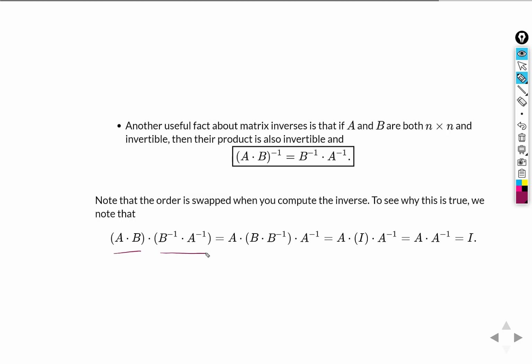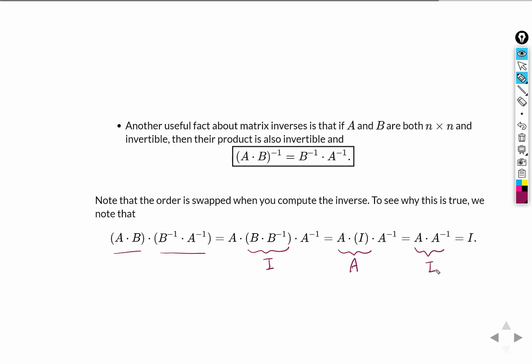Because matrix multiplication is associative, we can write A times B times its inverse, B inverse times A inverse. This will give us the identity. A times the identity matrix will give us A, and A times its inverse is the identity.